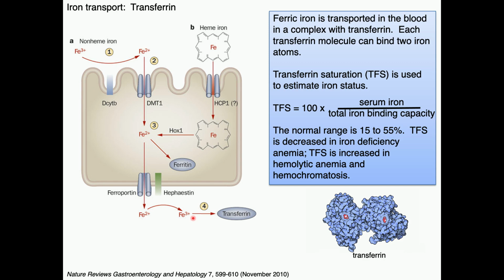Okay, so the transferrin then is going to be floating around in the blood, and it's going to be identifying a cell in need of iron, and it's going to interact with it. So I'll talk first about transferrin generically, like how it delivers iron to a generic cell that needs it. And then I'll talk specifically about hepatocyte and erythroid compartments and a little bit about the kidney and some details of those specific compartments.